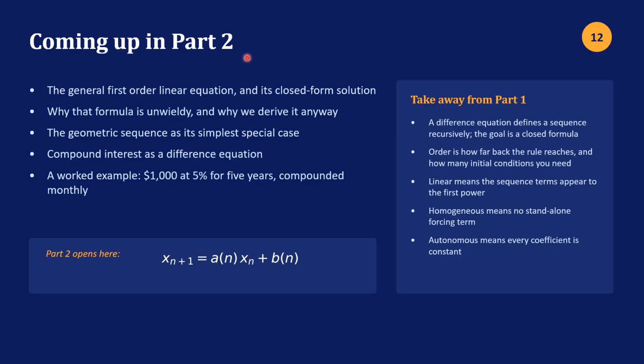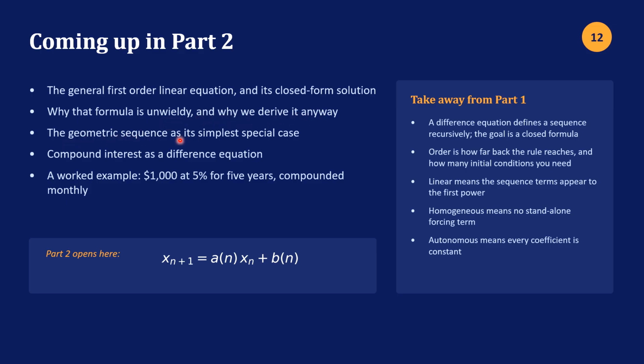So coming up in lesson 2, and I sometimes use the words part and lesson interchangeably, the general first order linear equation is covered, and we derive a closed form solution. We'll discuss why that formula is unwieldy and why we derive it anyway.